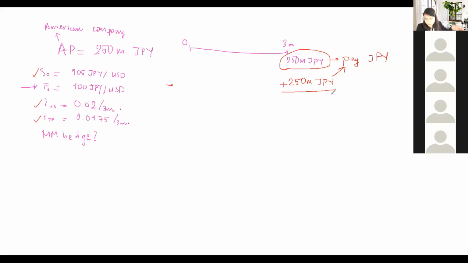I lend today, I give money to my borrower, and then in 3 months' time, they pay me back 250 million Japanese yen, and that will be the money that I use to pay my account payable.